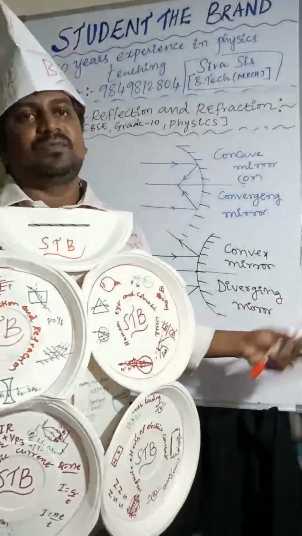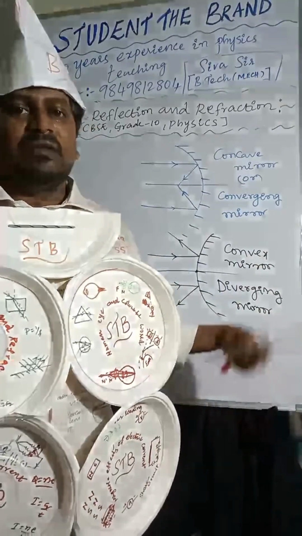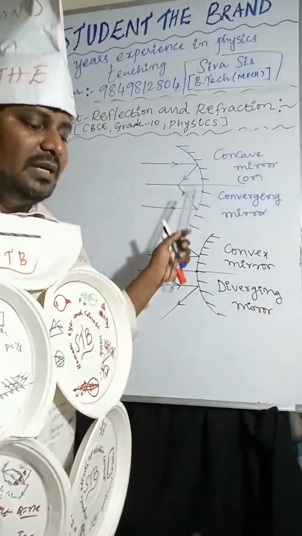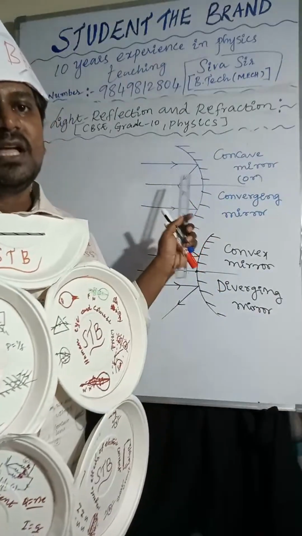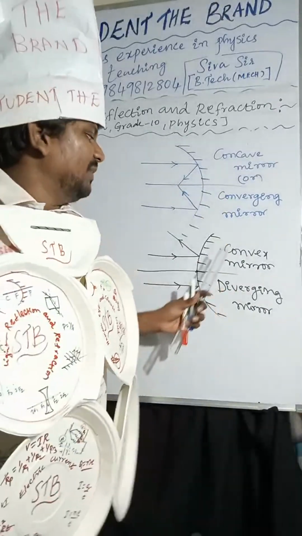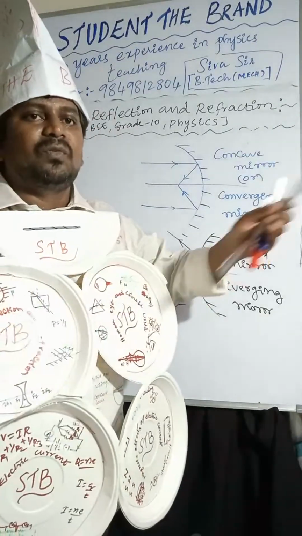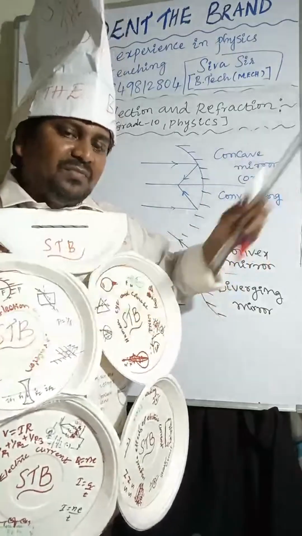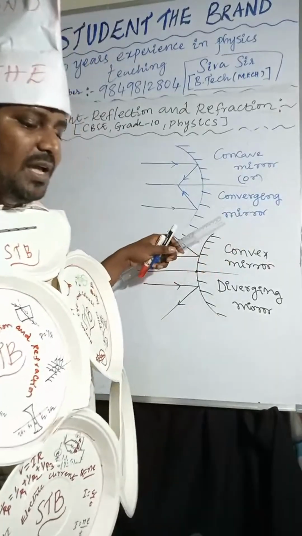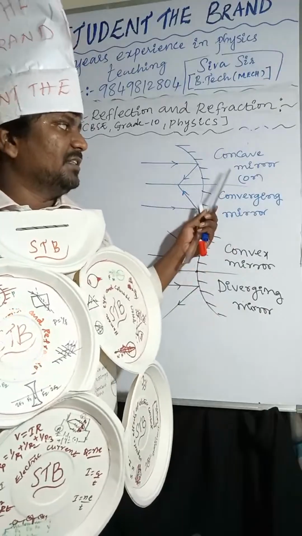So what is the difference? Why do we say converging or diverging? Because whenever the light rays are incident on it, after reflection, if those light rays are moving towards the principal axis, that's why it is called a converging mirror. Whereas if after reflection the light rays are moving away from the principal axis, that's why it is called a diverging mirror.